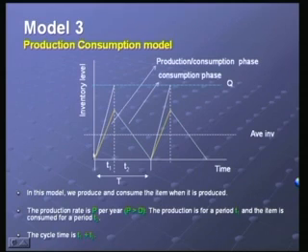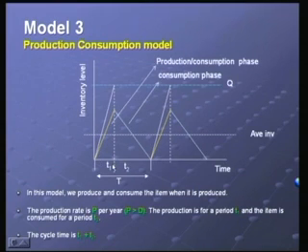So, this is the period for which we produce. When we produce we also consume. So, for this cycle T1 the item is produced as well as consumed. It is produced at the rate of P, consumed at the rate of D. So, inventory is built up at the rate of P minus D.